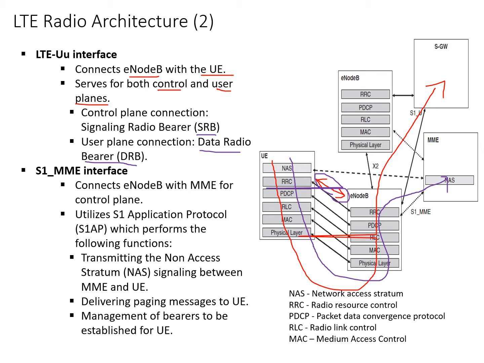Next interface is the S1 MME interface. This is the S1 MME interface. So the S1 MME interface connects E node B with the MME for the control plane.